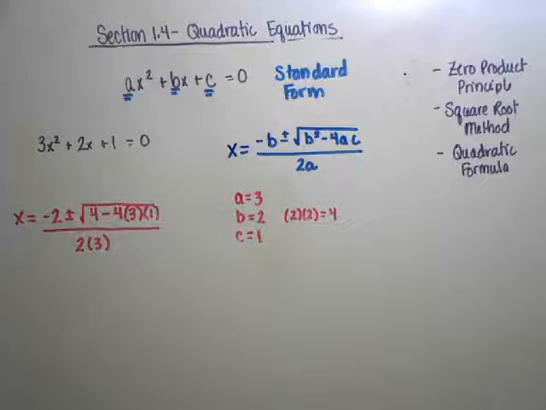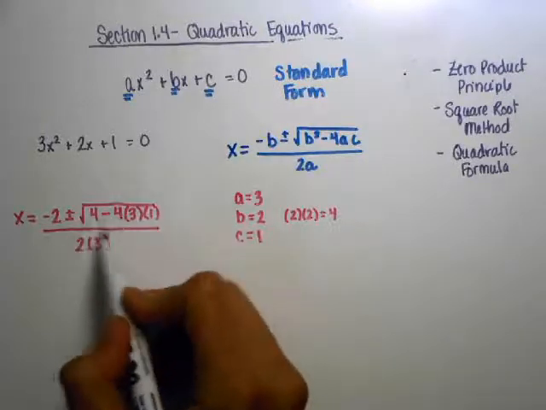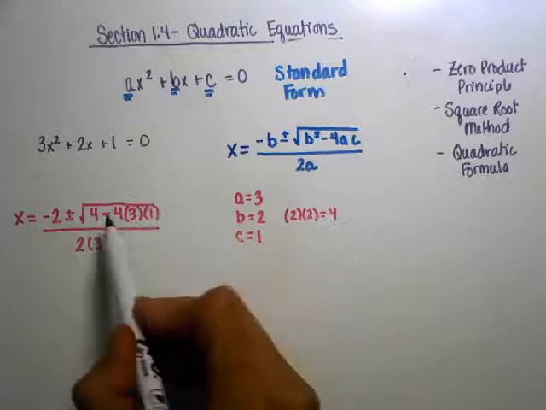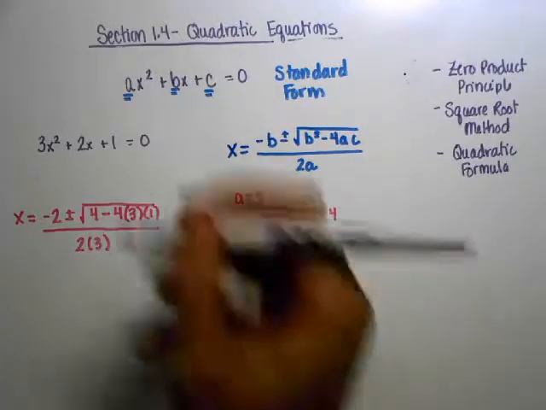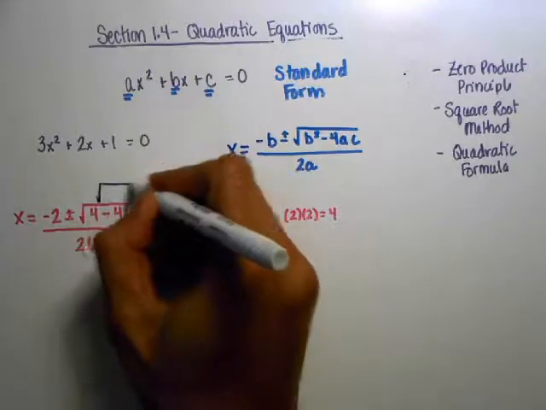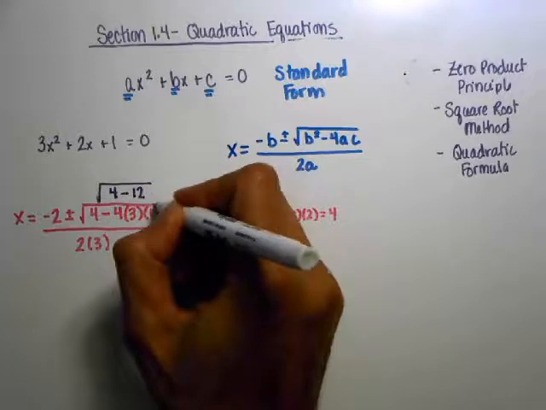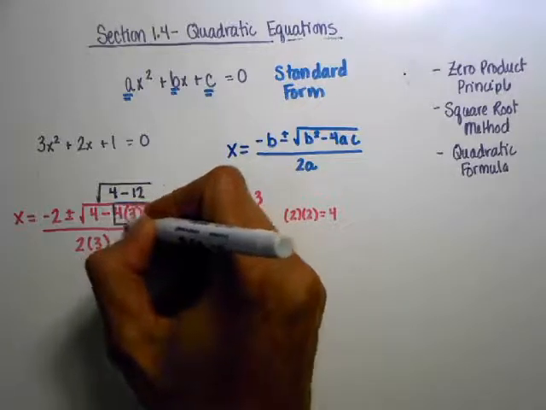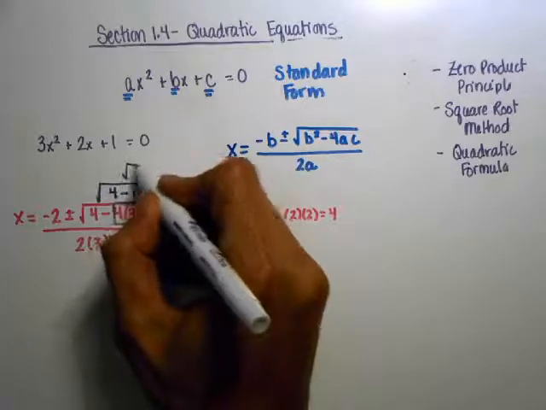So we're going to start with the most complicated part that we see, which is this part right here. You can either take your calculator and do 4 minus 4 times 3 times 1. You can do this in chunks and say this is 4 minus 12, because this part right here, when you multiply it together, gives us a 12. And 4 minus 12 would be negative 8.